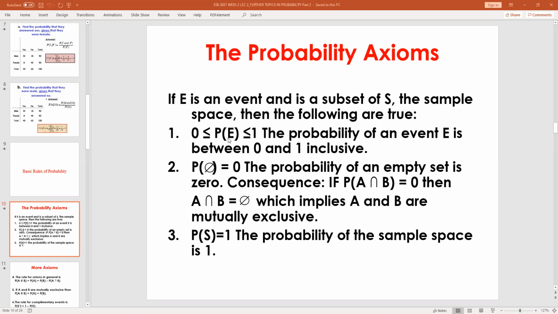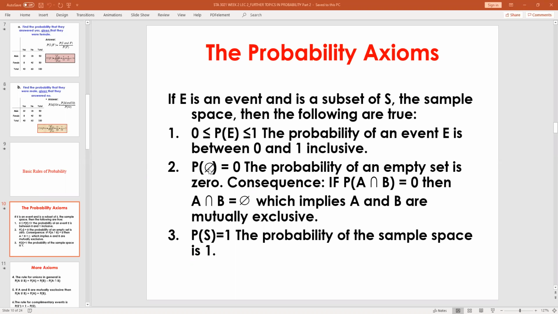If you are calculating probability and you get a result greater than 1, or a result less than 0, then something is wrong, because the result must lie between 0 and 1, inclusive.